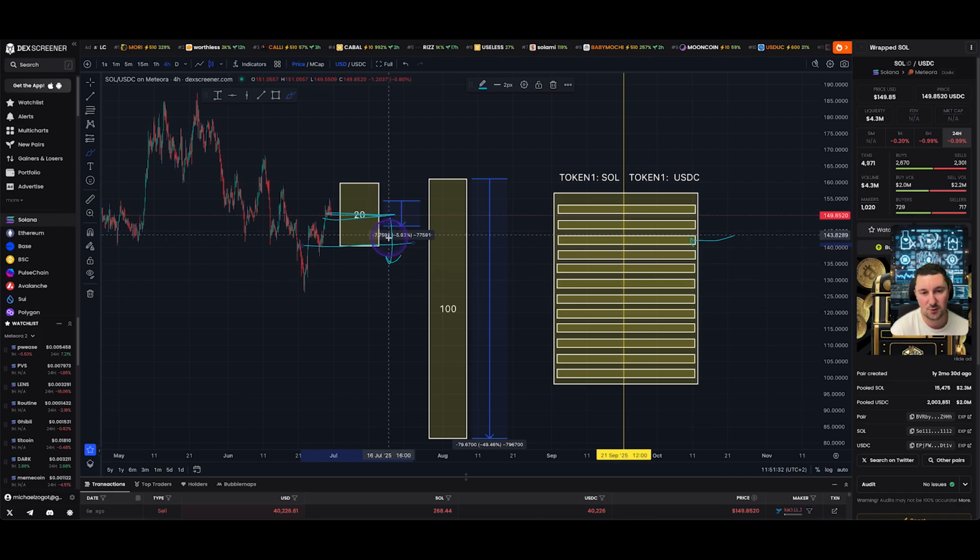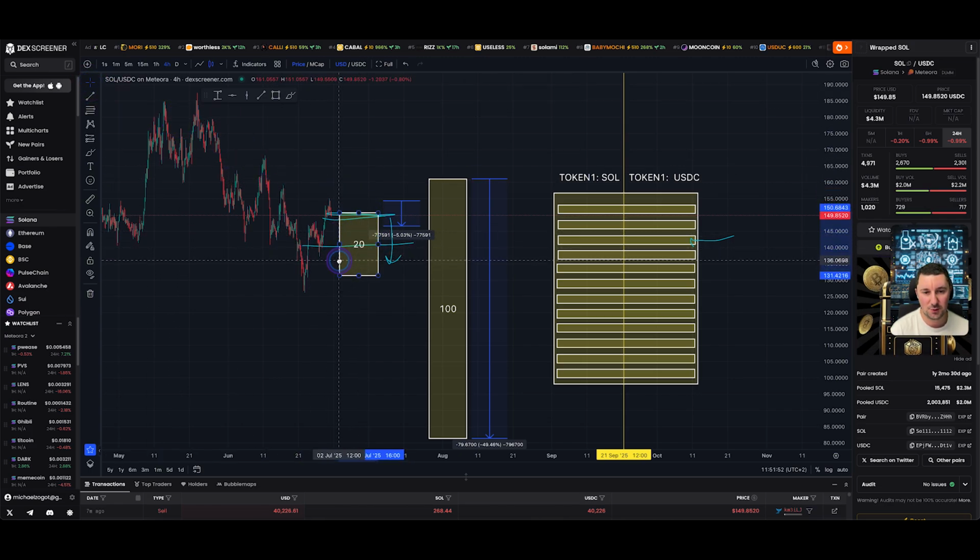That means that first of all, you don't earn fees anymore because you are out of range, and your SOL becomes less valuable, of course, in dollars. So in this case, you could reopen your position to earn fees again.